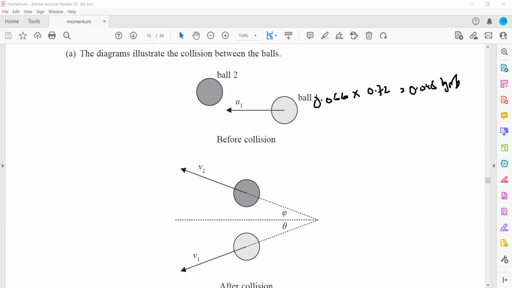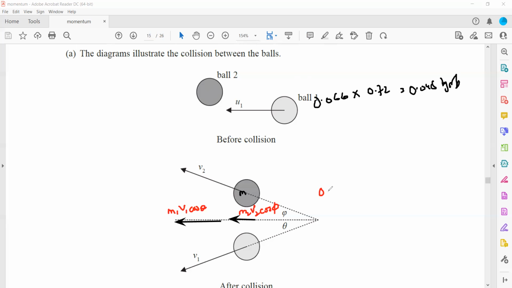Now we need the momentum after the collision. The masses are the same. We just need the horizontal component, and we'll add it for both of them. Because the masses are the same, it will be m1 v1 cos theta plus m2 v2 cos phi.